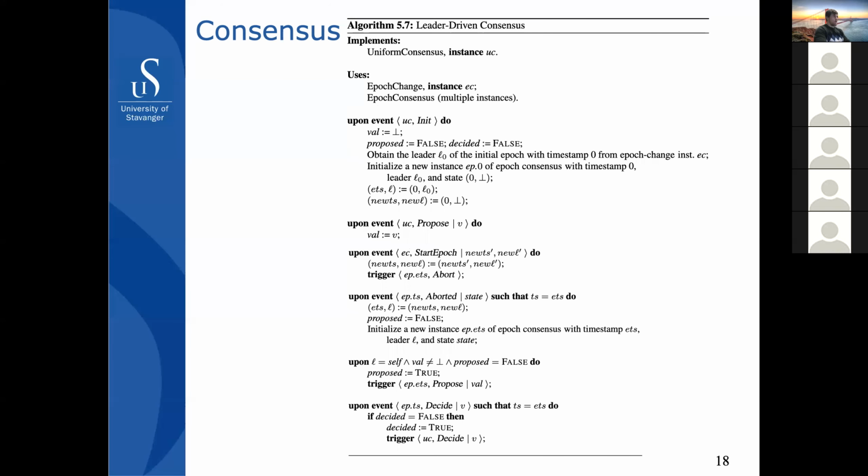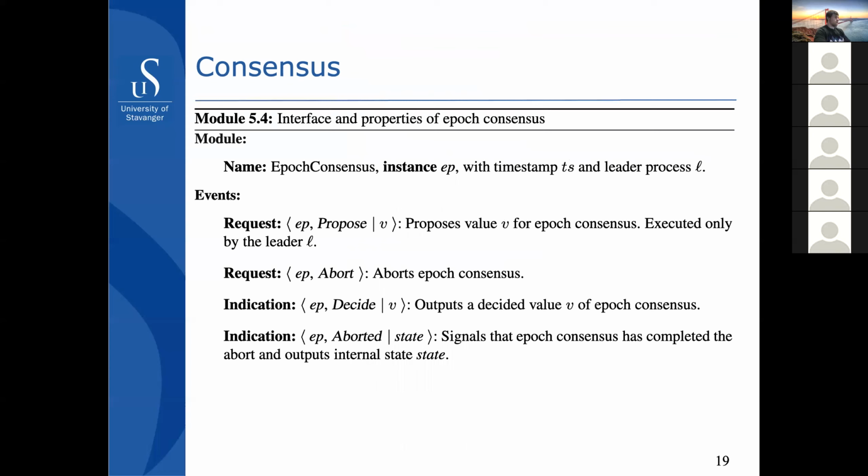Then we have leader-driven consensus, and now we are actually using those epoch change and epoch consensus abstractions that we saw before. Perhaps it will be easier to show this one first. There are 2 types of requests from the application: the propose command, which is only executed by the leader, and we also have the abort request and abort indication.